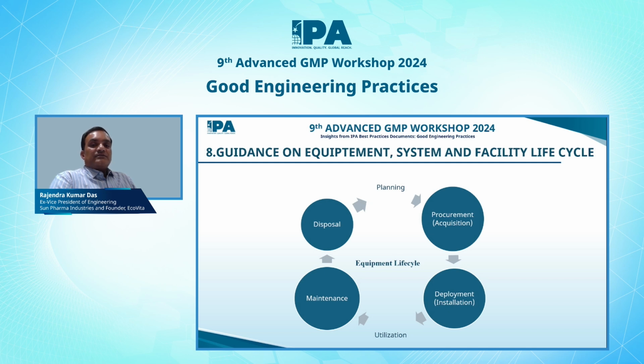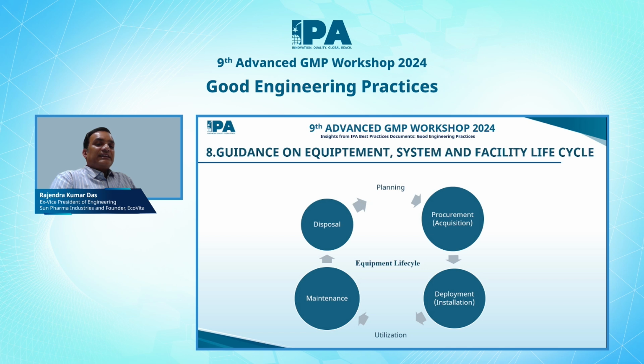Then we have a chapter where we talk about the life cycle management of the equipment. In the recent past, there have been a lot of regulatory citations on equipment conditions. Many times we install, validate and qualify the equipment, and then keep maintaining and using it.